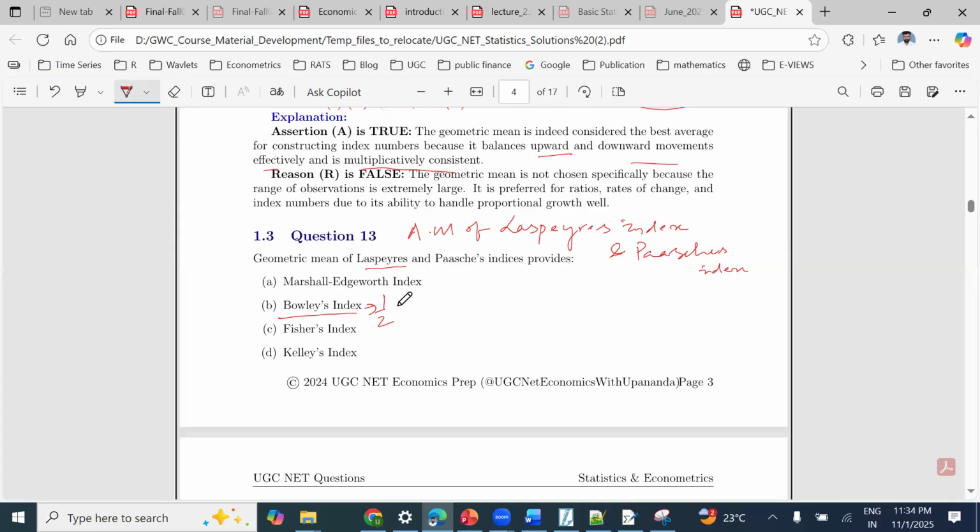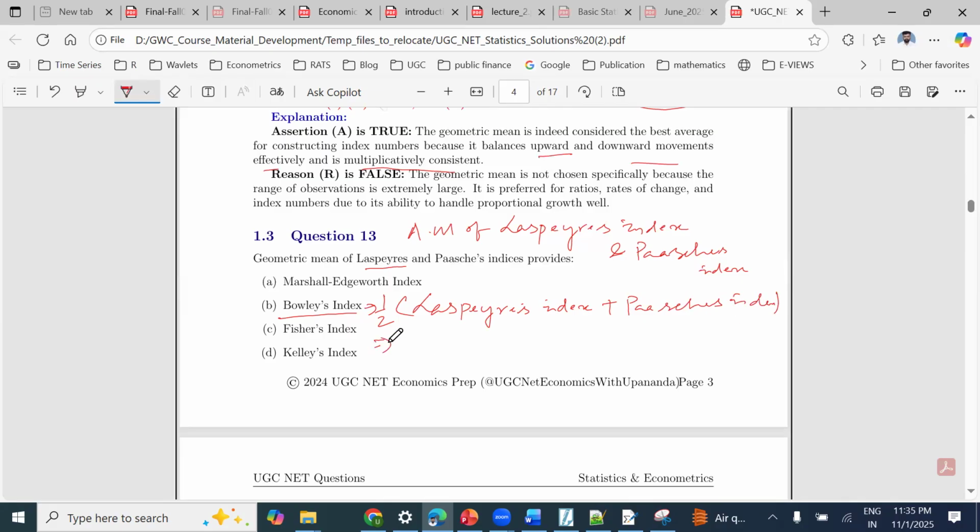Yes, sir. So, what is the formula? Because this is very important, with one question you will get it. So Bowley's index is basically half of Laspeyres index plus Paasche's index.